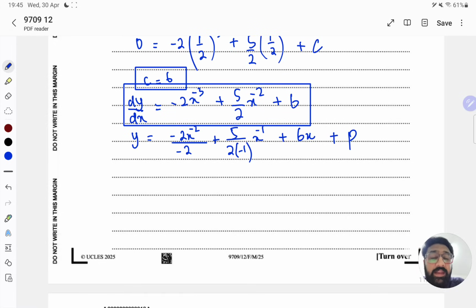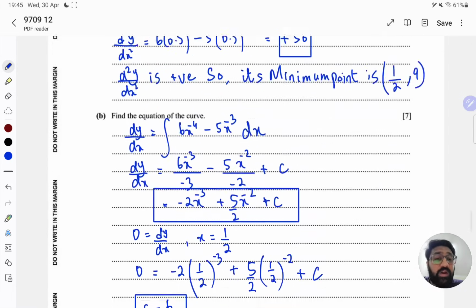Let's call it p. If I simplify, y = x^-2 - 5/2 x^-1 + 6x + p.